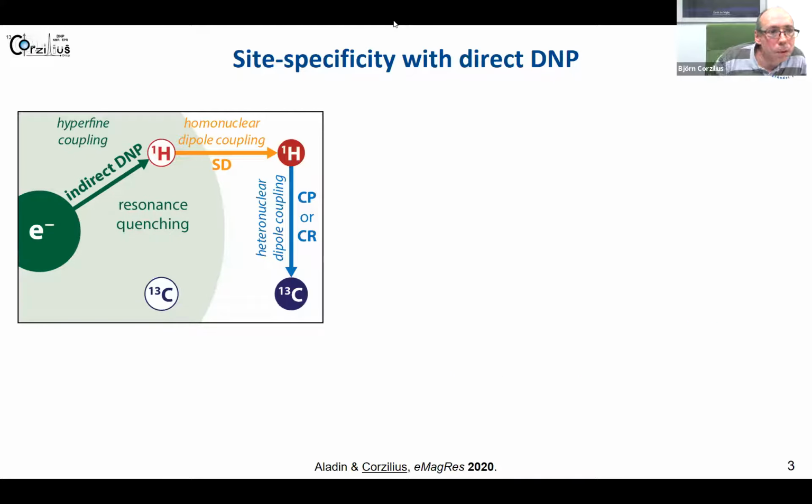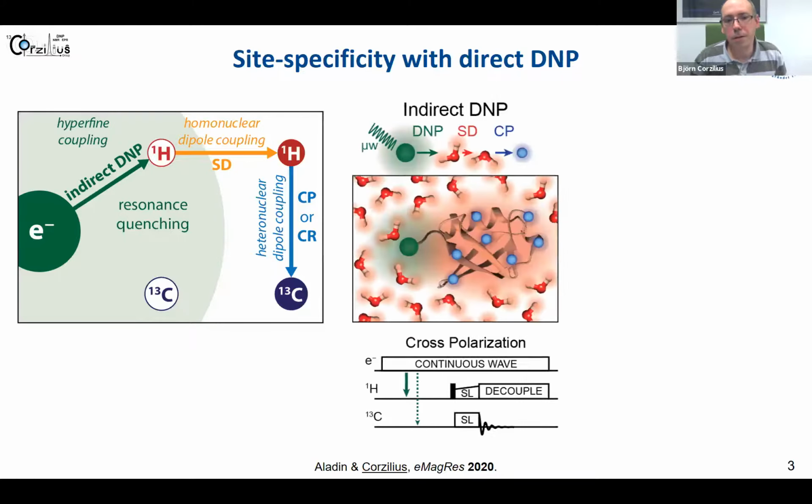Of course, there were many other attempts at invoking site-specific DNP, and most of them have relied on so-called indirect DNP, where first the protons are hyperpolarized from an electron spin, and then homonuclear dipole coupling allows for very efficient spin diffusion between protons. The polarization can spread quite fast, for example over a molecule, and then it is read out by a cross-polarization pulse.